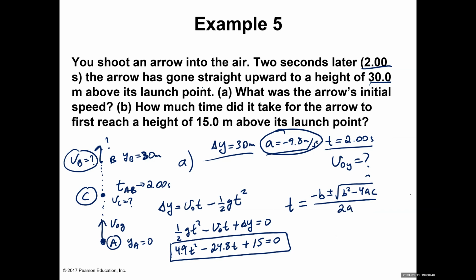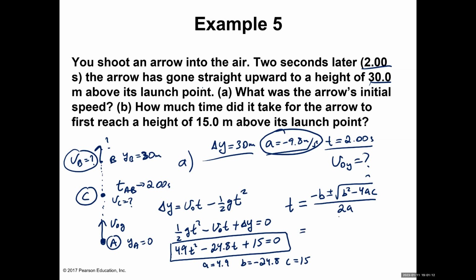As far as I remember, I should have this on the formula sheet when I give it to you, but this is something you definitely want to remember. At this point you can say, all right, a here is 4.9, b here is negative 24.8, and c is 15. And then just plug it into this equation.